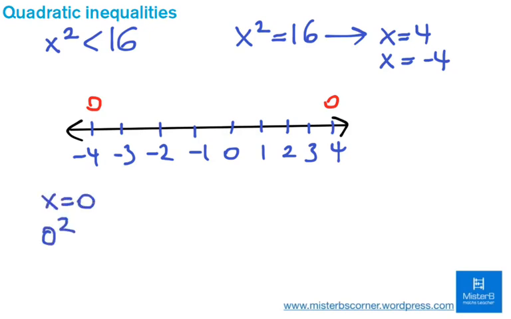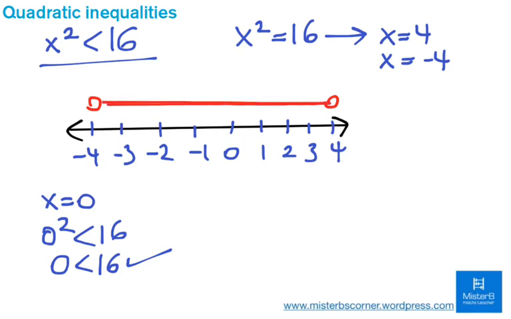So 0 squared, which is 0, is less than 16, so 0 satisfies our inequality. So this region in between the borders will satisfy our inequality. Now if the inequality would have an equal sign here, so it's going to be less than or equal to, then I would fill these circles, so it's going to be in full.